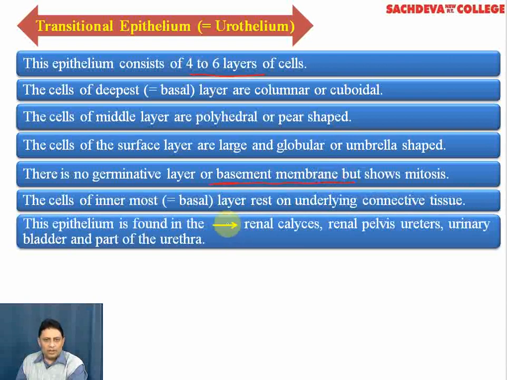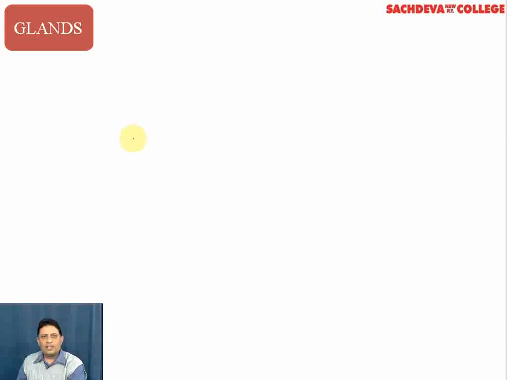And it is found in those places of the body which need stretching, like the urinary bladder. As the urine is gradually filled, the urinary bladder needs to stretch. Therefore, it contains transitional epithelium. Similarly, the renal calyx, the renal pelvis, the ureters are organs which need stretching. Therefore, they are lined by transitional epithelium.